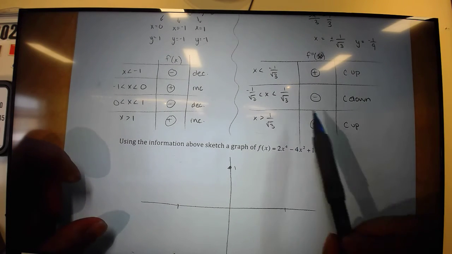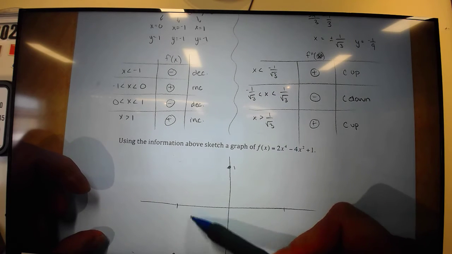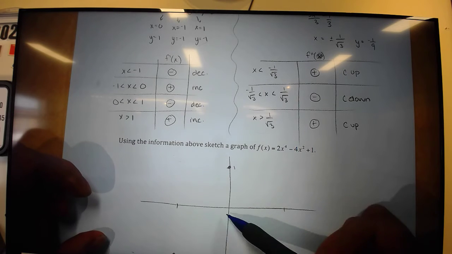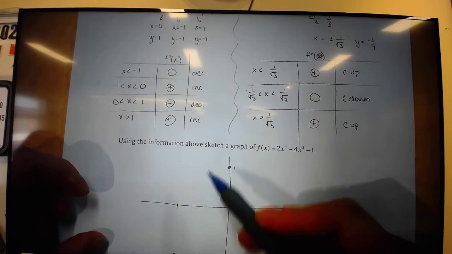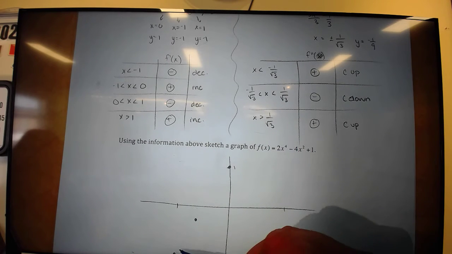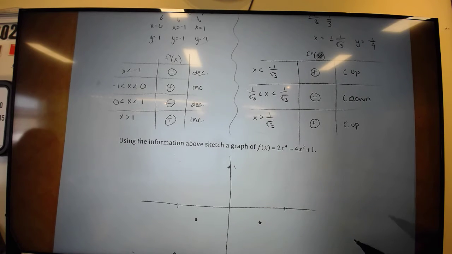Okay, and again, I'm using these points that we found before as my plot points. And then we know in between these, so negative 1 over root 3, which is about here-ish, kind of like 2/3 of the way from 0 to negative 1, it's going to have that inflection point. So that's where it's going from being concave up to concave down. And then same deal, this graph is symmetrical, which is kind of nice.